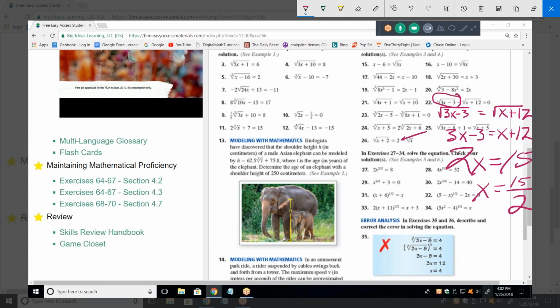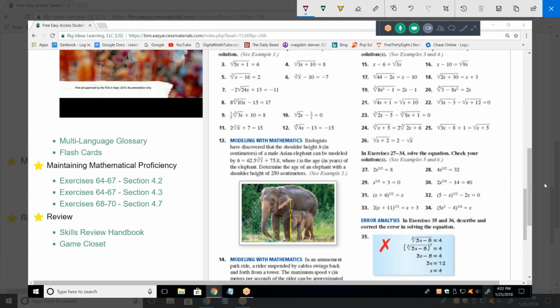And you don't really need to check it. I would say don't spend your time checking for extraneous solutions unless you get two solutions. Well, these problems were only getting one solution. Okay, next problem.